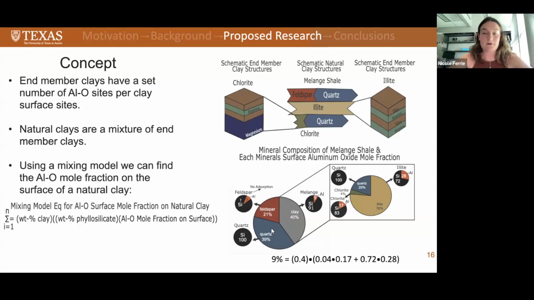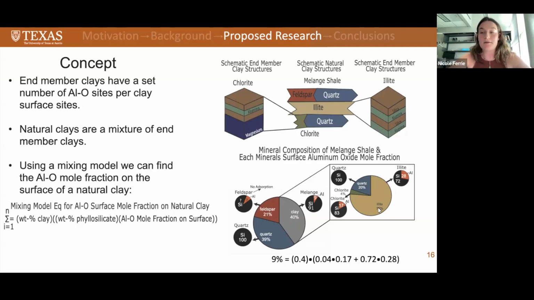We don't care about the feldspar and the quartz because that doesn't adsorb any boron, but we do care about the 40% clay. Out of that 40% clay, it's composed of 76% illite and 4% chlorite. Now, illite and chlorite have their own aluminum oxide percentage that's available on the surface.